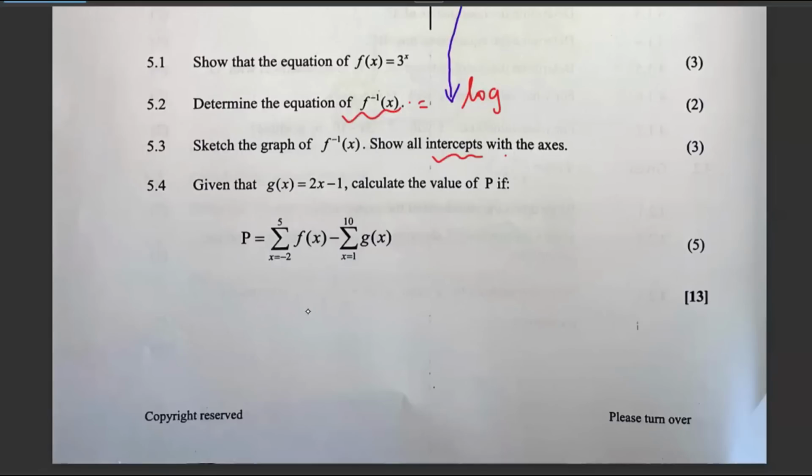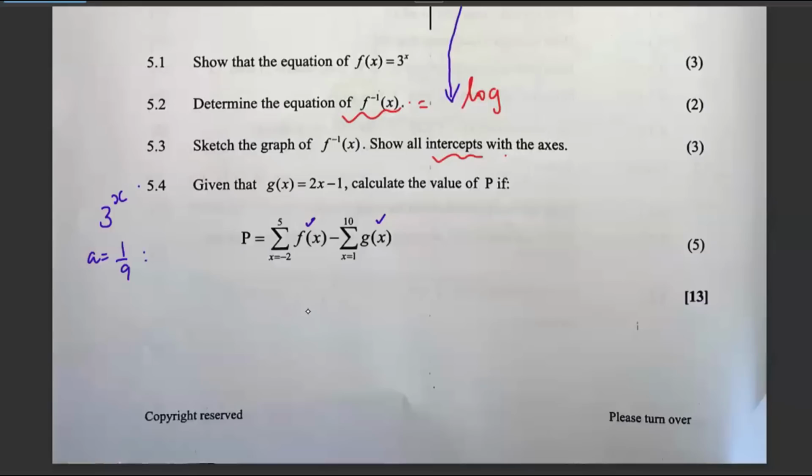So if we're dealing with f of x and then we have g of x, we already have the equations, remember? So let's get the terms and try to establish what sort of patterns they are, and let's try to get their sums. Okay. So in the first one, if x is negative 2, because remember it was 3 to the x, our first term is going to be 1 over 9.